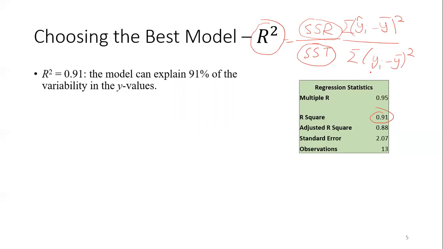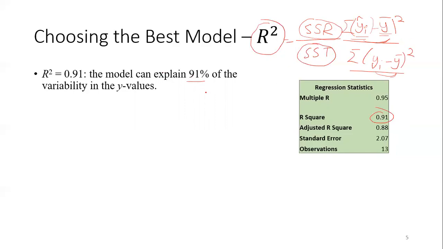The first one is the center of the data, and the second one is how much the data is scattered around the center, right? So this is the total deviation around the center, and this is what I predict through the line, right? And this is the average. So this is the deviation that I can explain by my prediction, okay?